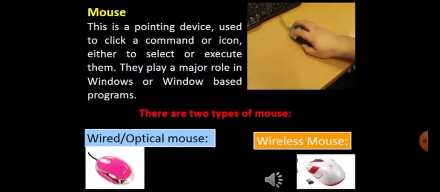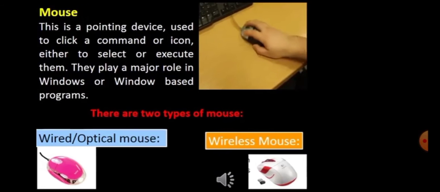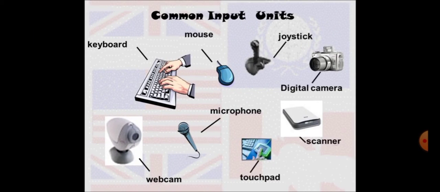This is a pointing device used to click a command or icon, either to select or execute them. There are two types of mouse, wired mouse and wireless mouse. Wired means with wire and wireless means without wire. Some other input devices are joystick, digital camera, microphone, scanner, touchpad, webcam, etc.